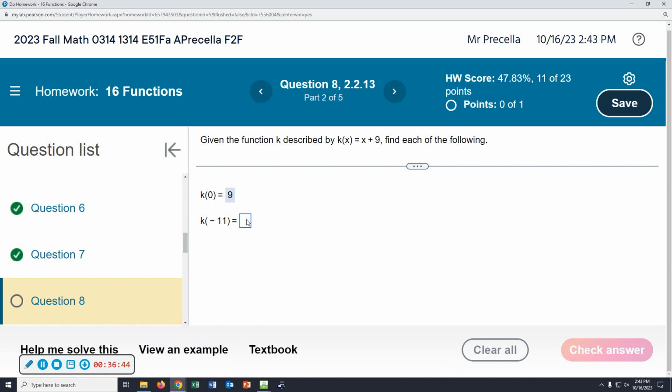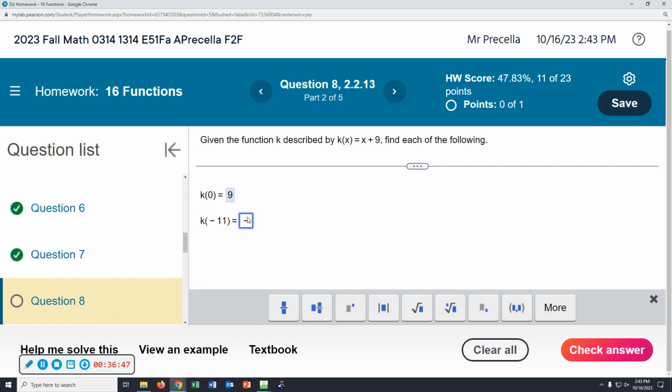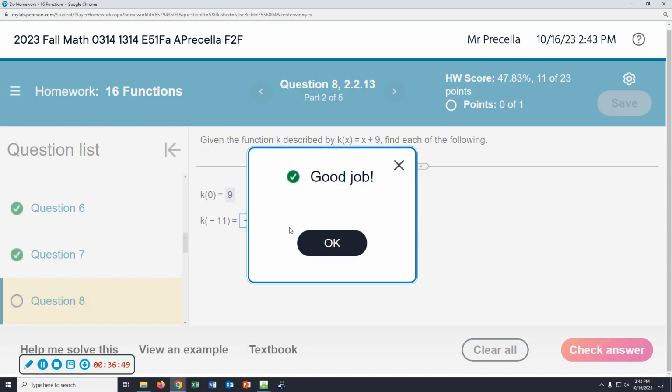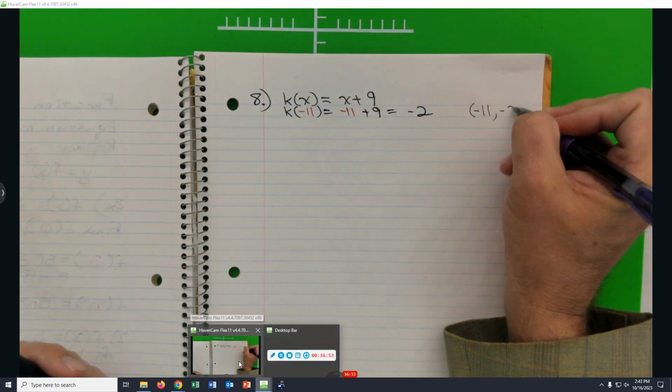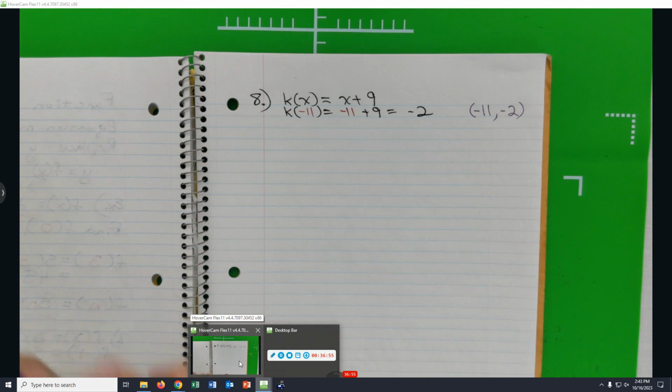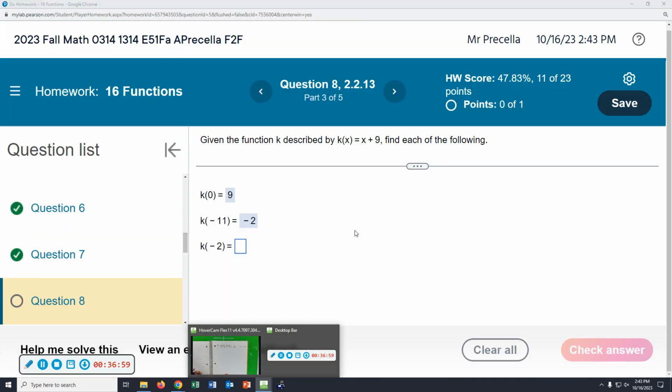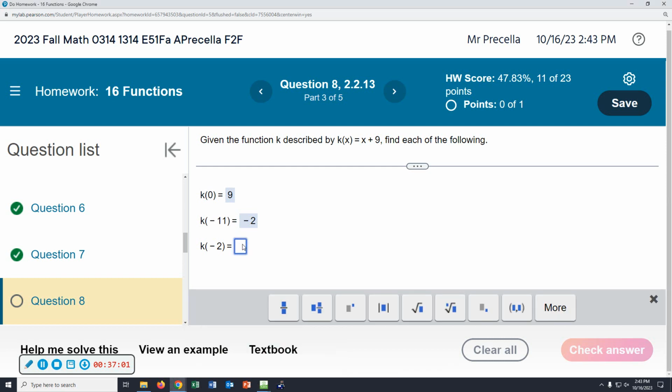Realize we're creating ordered pairs. We just created the ordered pair. When x is negative 11, y is negative 2. These equations are creating ordered pairs. Now let's see. Hey, I bet we can do this one without writing it. Plug the negative 2 in, and what are we going to get? 7? Y'all agree?